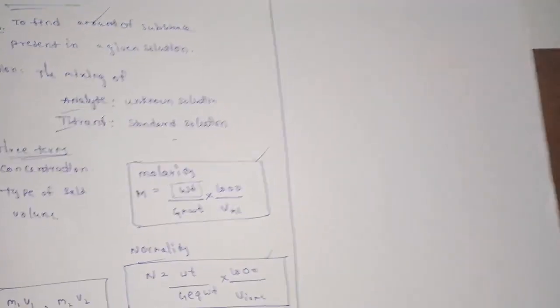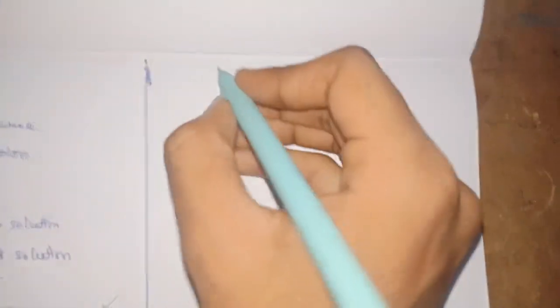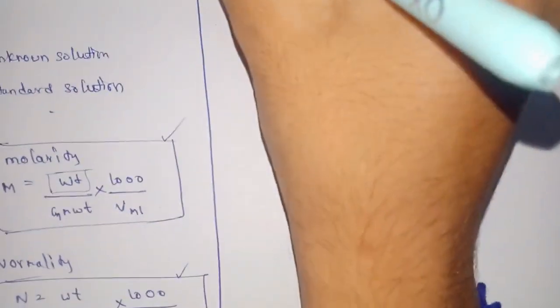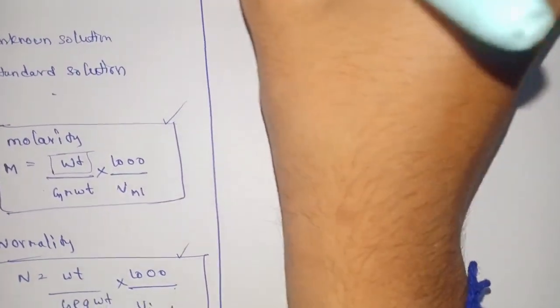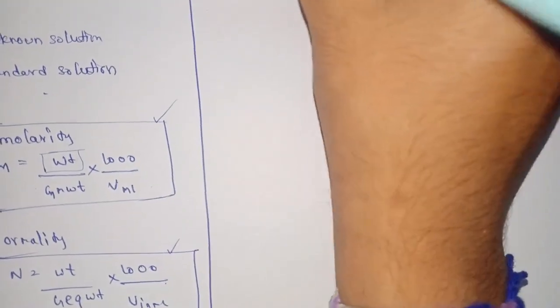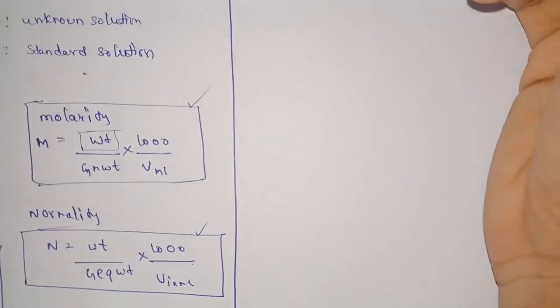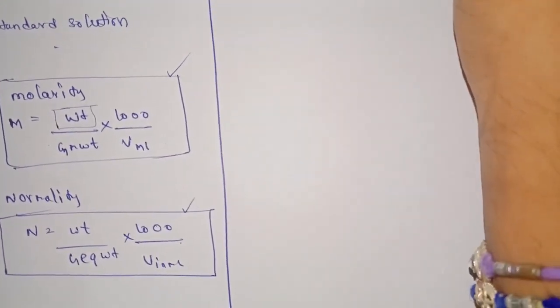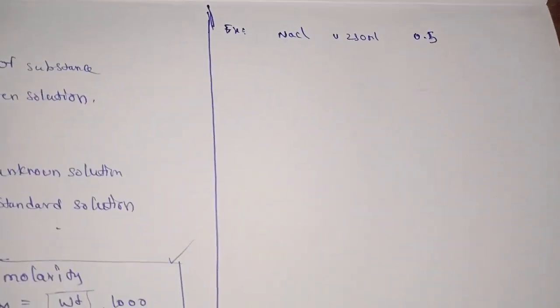So what is our aim? Firstly, we have to know the molarity formula. For example, how to get the concentration of a solution: something like NaCl with volume 250 ml and weight given as 0.5. Then we will get the concentration.